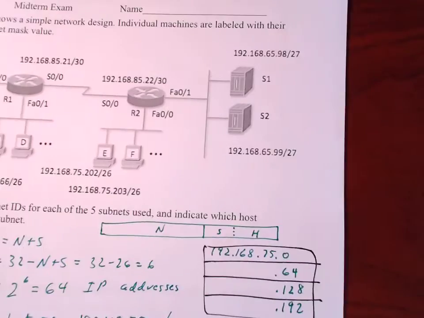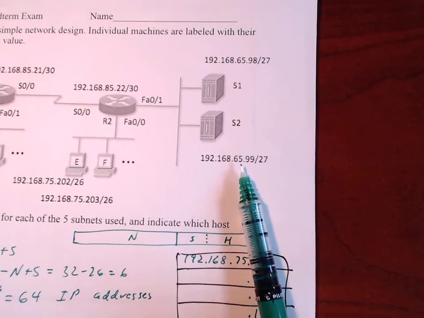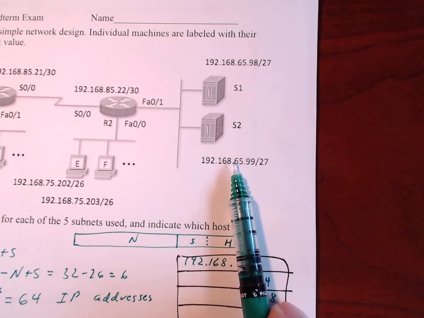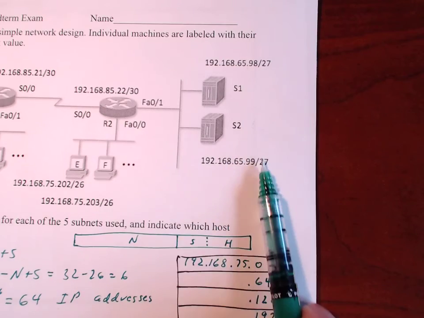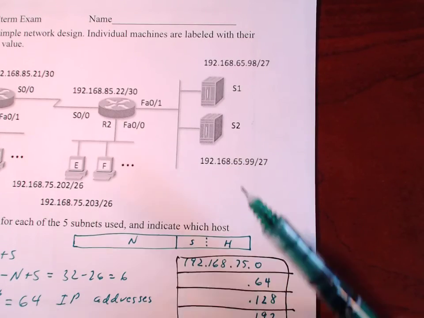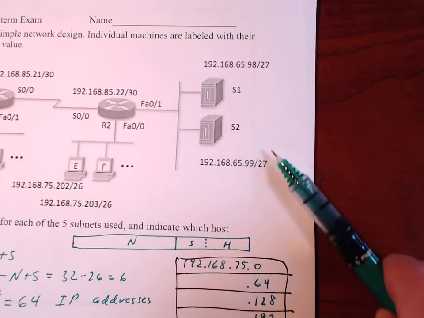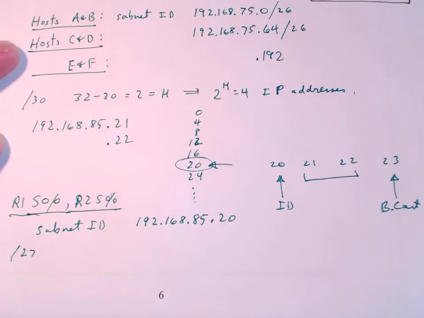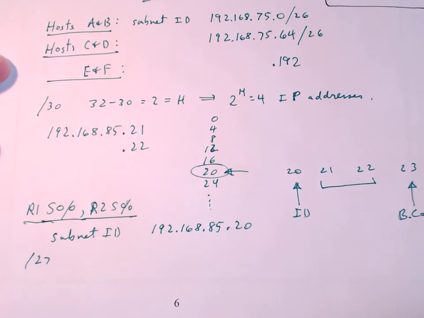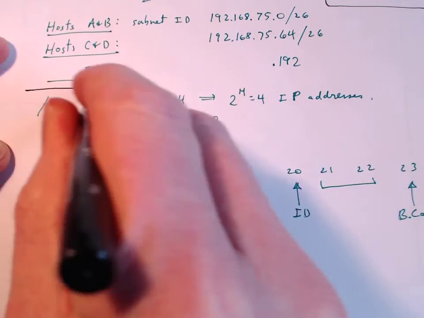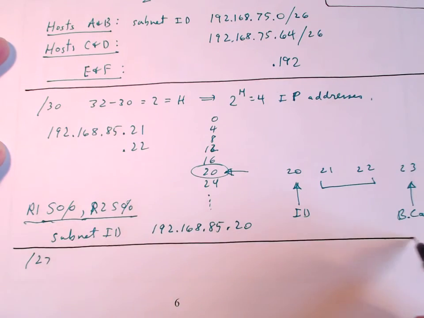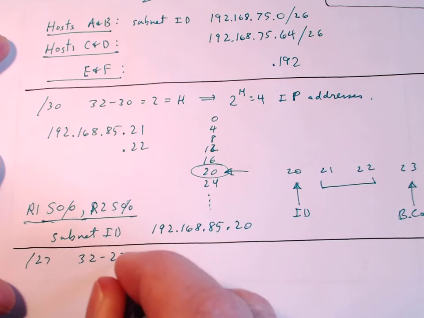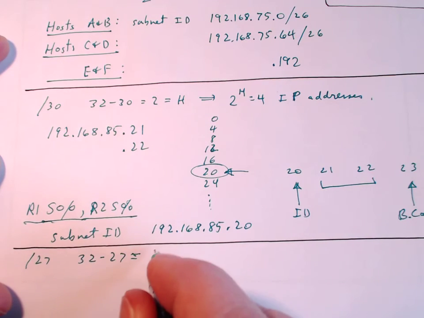Finally, the servers. They're on the .65 in the 3rd octet, and their addresses are 98 and 99 on the .65. But these are on a /27. So the /27, let's just do it down here. Maybe we'll divide this up so we can see what we're doing. For /27, 32 minus 27 is 5, right?